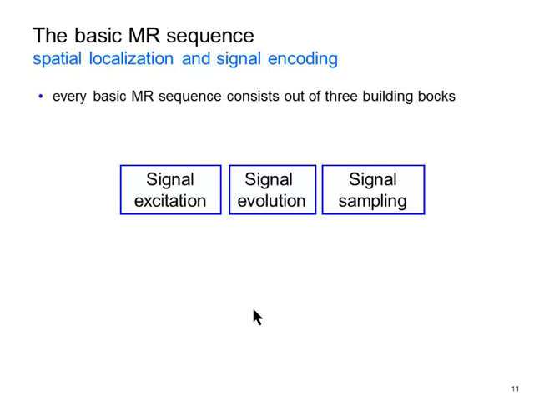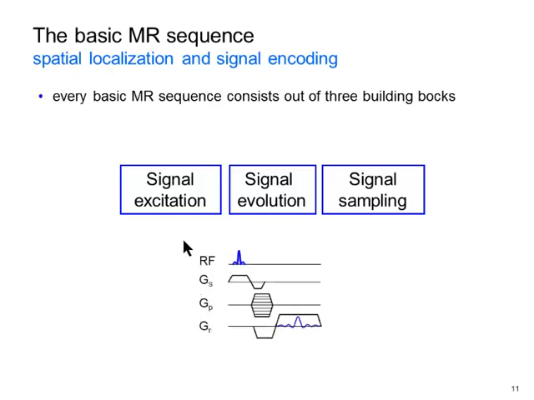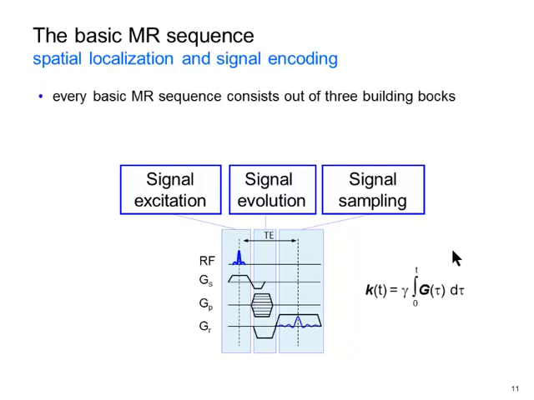All right, every MR experiment we are doing, no matter if we are talking about spectroscopy or imaging, basically consists of these three steps: the signal excitation, the signal evolution, and the signal sampling process. If we take a usual MR sequence, like this spin warp sequence, you see that on the receive side, we have the k-space coordinates in there.